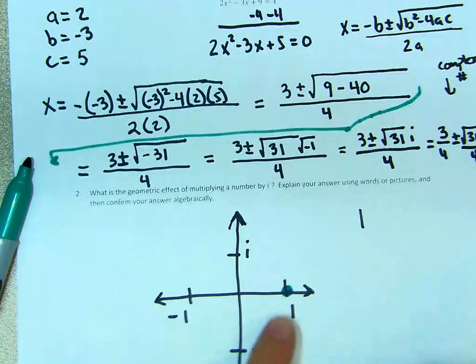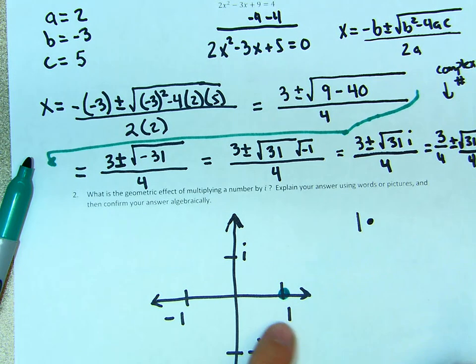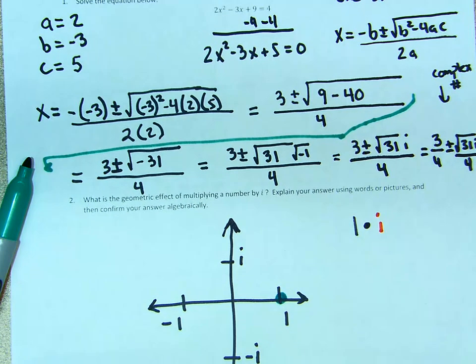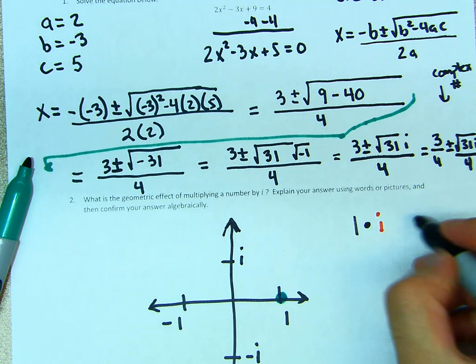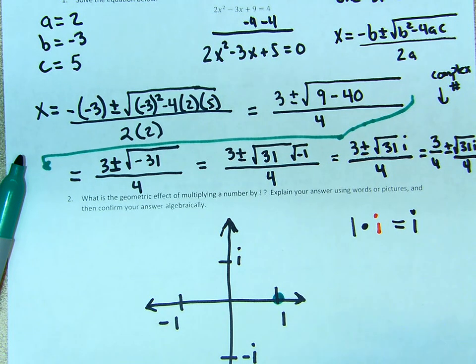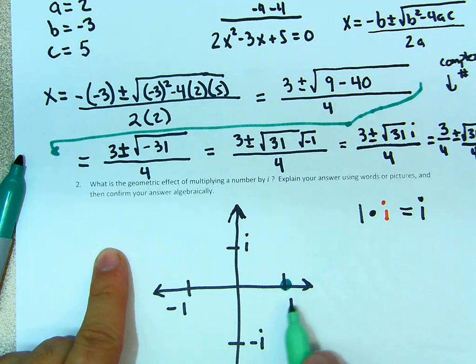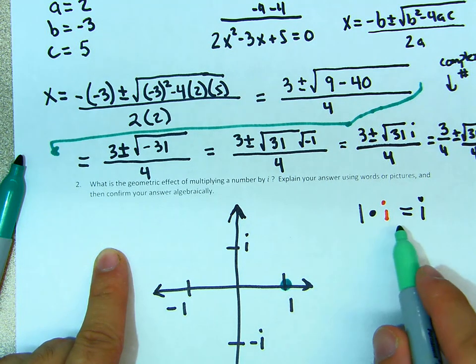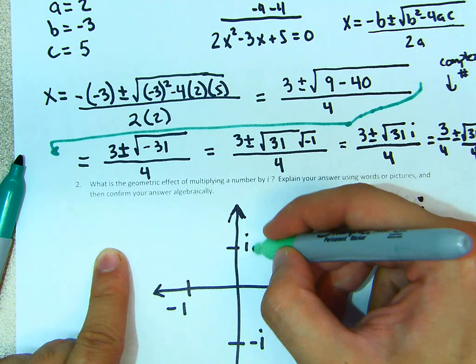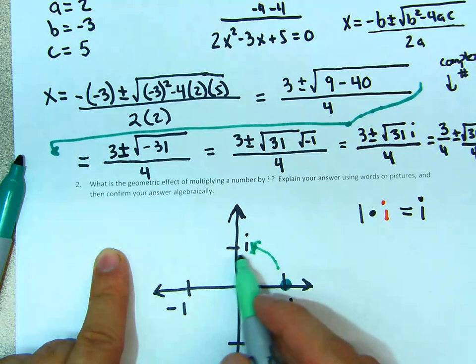What is 1 times, let's say, i? Well, then that's just equal to i. But then what are you doing? You are going from 1 times i, you're going to i. So that means you're going this way. And now you're at i.